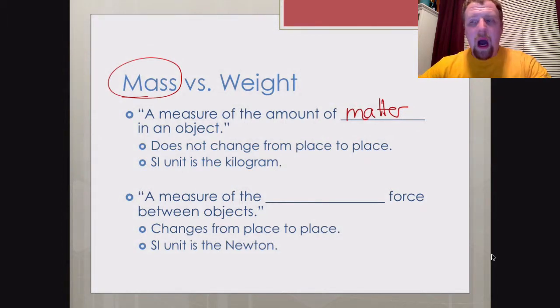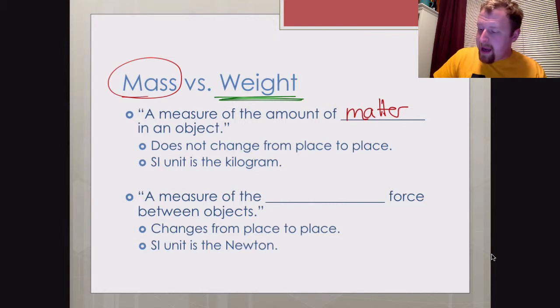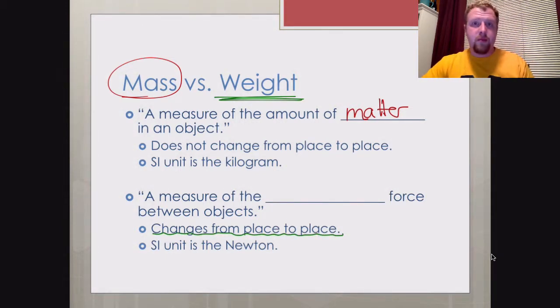However, our weight actually doesn't depend on what we're made out of. Believe it or not, our weight depends on where we're at. So we would say that our weight can change from place to place. This is due to something called the force of gravity. You're probably familiar with gravity. It's what holds us here on Earth.